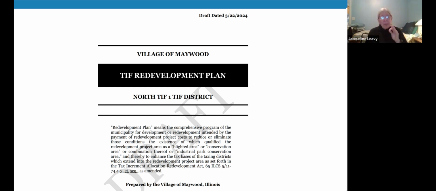Now, if y'all have ever signed a mortgage or an apartment lease, you know what I'm talking about. There's standard language that goes into these legal documents that's the same for everybody, everywhere, and pages and pages long. I mean, this report, I think, is 69 pages long, and there's not one specific thing in there about what exactly the North TIF District #1 is going to do.